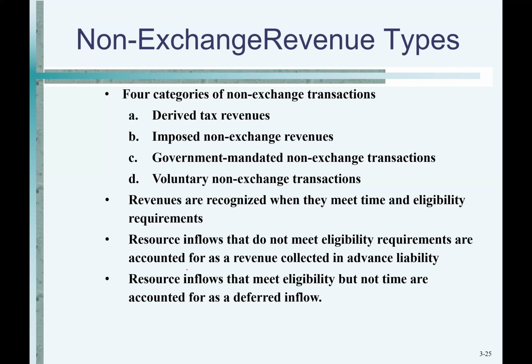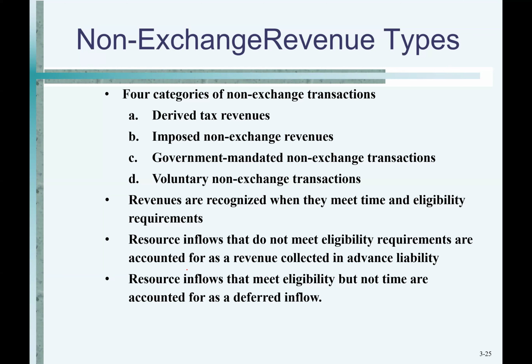If you're a county within a state, it's legally respected that you will follow the mandates of the state that you are in. So I guess you could take them to court to fight that, but that's probably a losing battle. And so eligibility really is not much of an issue when it comes to government mandated. Voluntary non-exchange, yeah, finally eligibility really starts to become relevant in that you may have to meet certain criteria to even be eligible to be awarded some money.